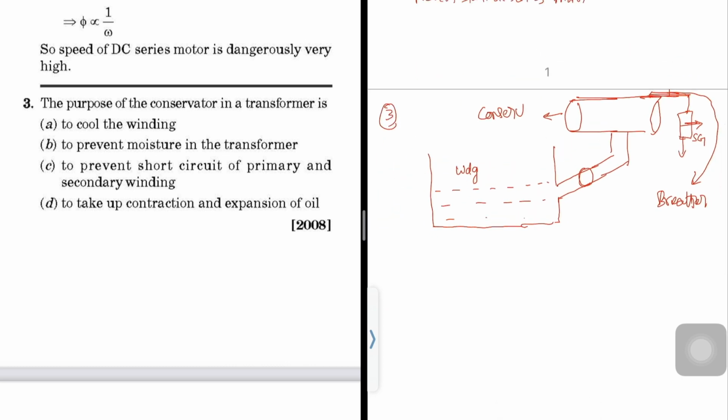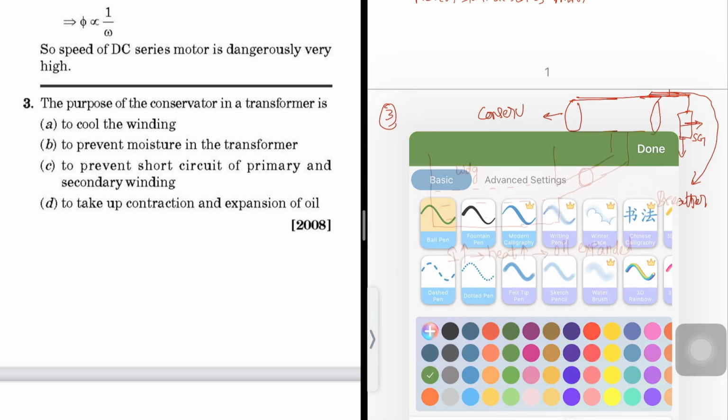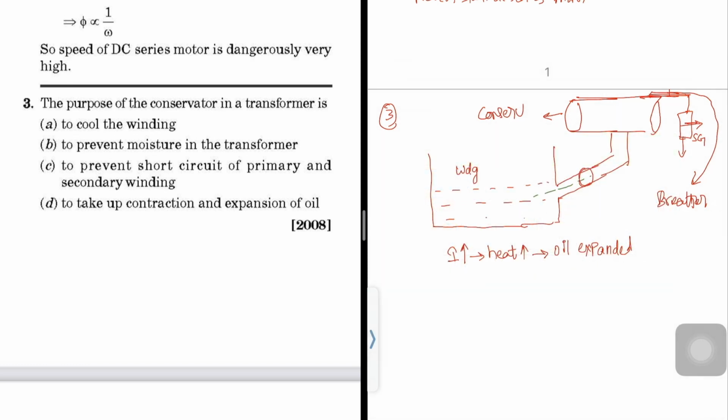Now the purpose. Suppose the load is more, then the current will be more and the heat developed will be more, right? So the oil will get expanded. This oil travels to the conservator tank because the oil needs some space in that arrangement.